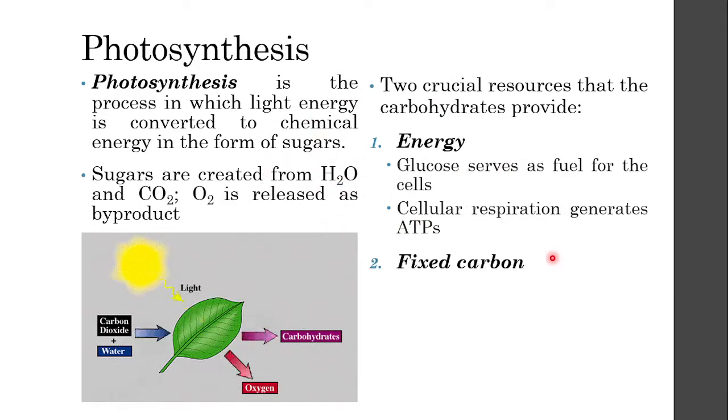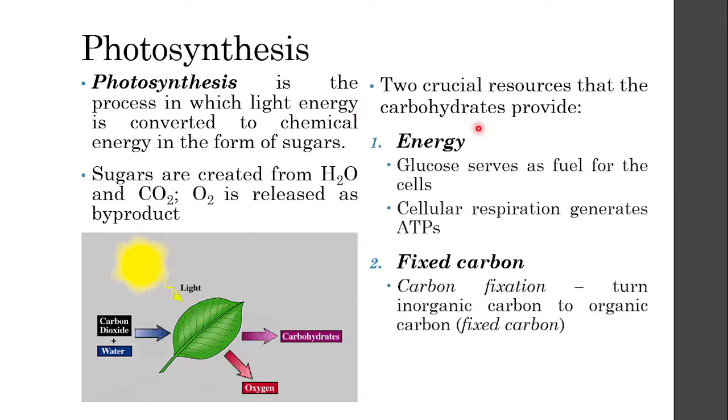Another resource that carbohydrates or sugars provide is called the fixed carbon. Carbon fixation is a process wherein we turn inorganic carbon to organic carbon. So inorganic carbon, such as carbon found in CO2, when we turn these carbons into an organic carbon, this organic carbon is called fixed carbon.